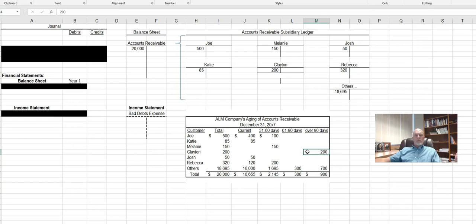When you write it off, just like any other asset, when an asset loses its future benefit, we're going to reduce the asset and take that expired portion to some sort of expense. And when we're talking about accounts receivable, the expense account is called bad debt expense.